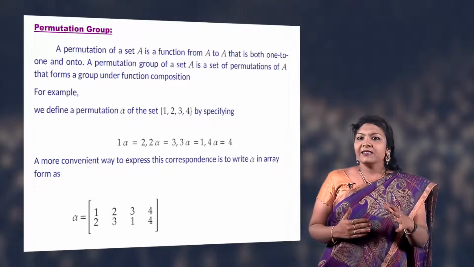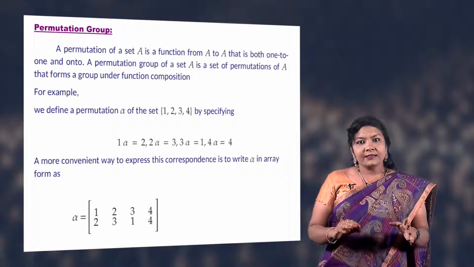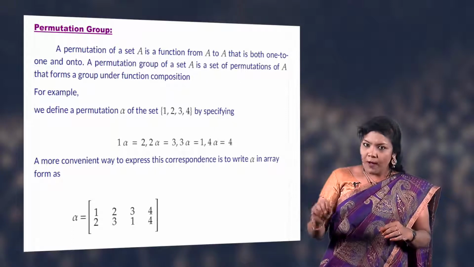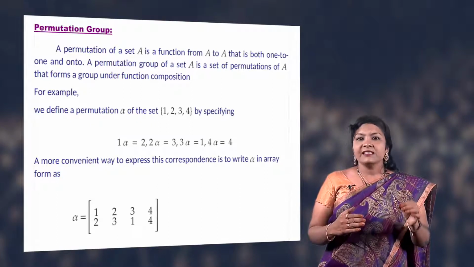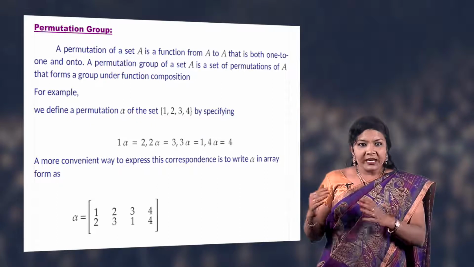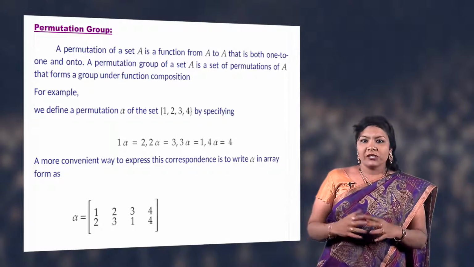What is a permutation group? A permutation of a set A is a function from A to A that is both one to one and onto. A permutation group of a set A is a set of permutations of A that forms a group under function composition.